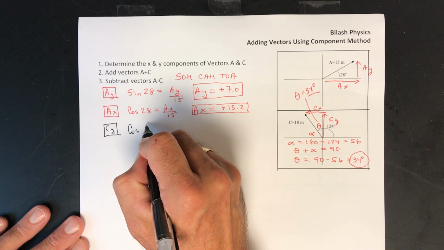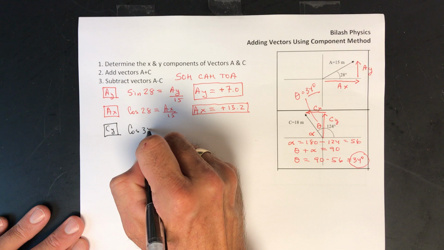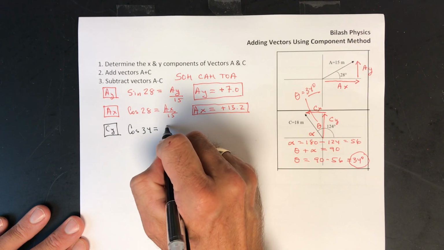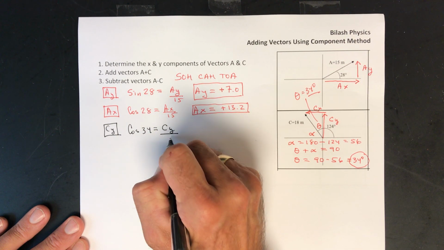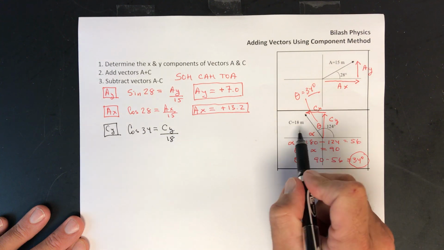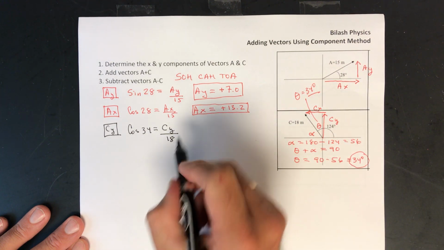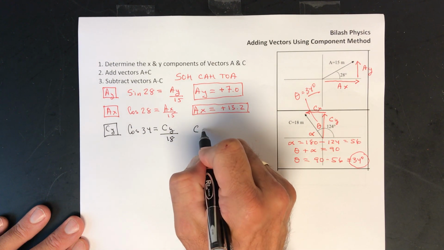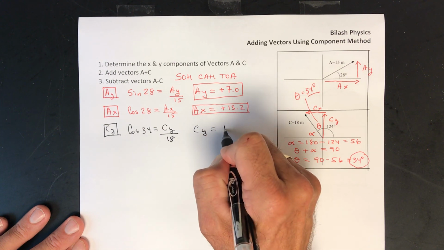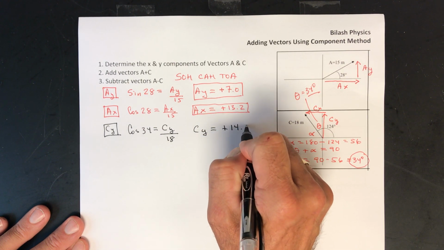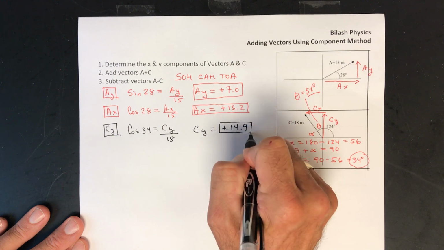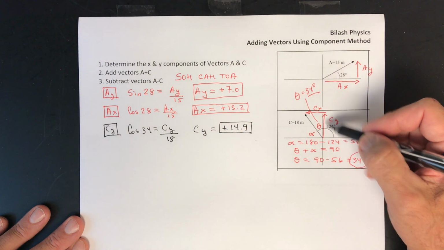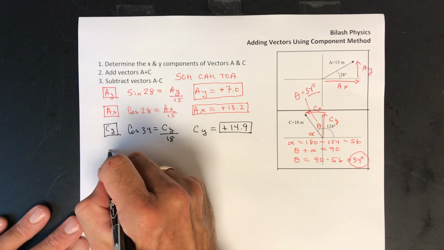So cosine of 34 degrees is going to be equal to CY divided by 18, because the length of the vector is 18. So CY is equal to positive 14.9. It's positive because CY is pointing in the positive direction.